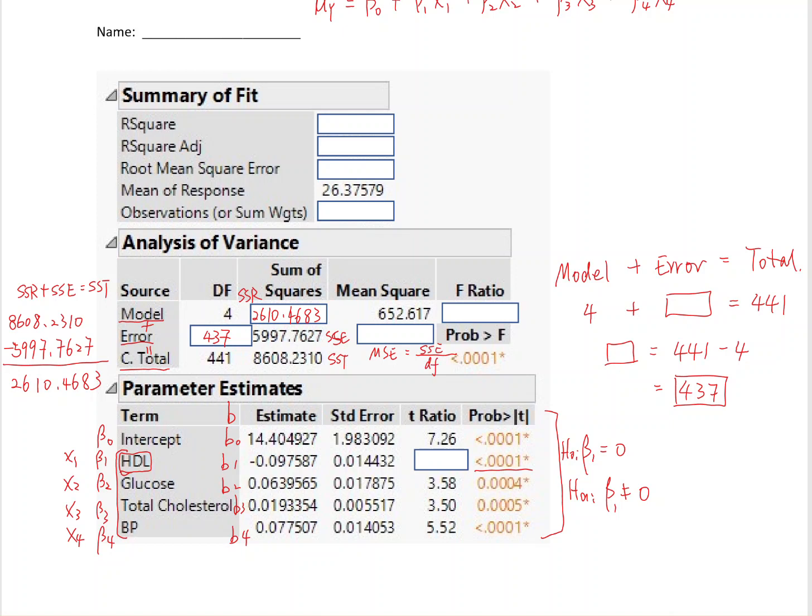So it is 5997.7627 divided by the degrees of freedom we have already figured out, which is 437. That equals 13.725. So this is MSE, which is 13.725.